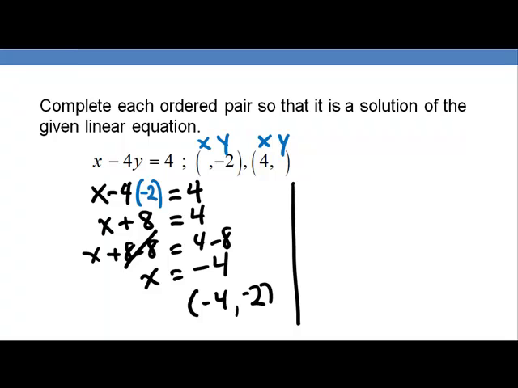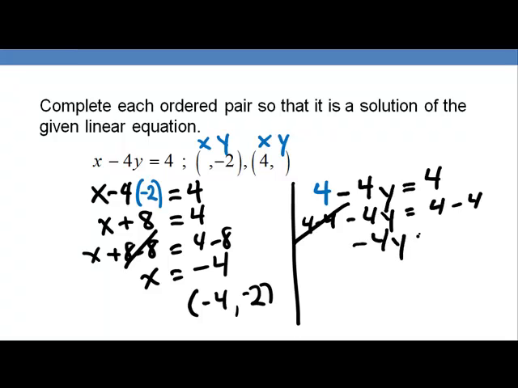So we have x, which is 4, minus 4 times our y, which we don't know, equals 4. So we plugged in the 4. That's what we knew. We did not know y. We're going to force it to be true. So we're going to subtract this 4 from both sides. Lots of 4's on this one.